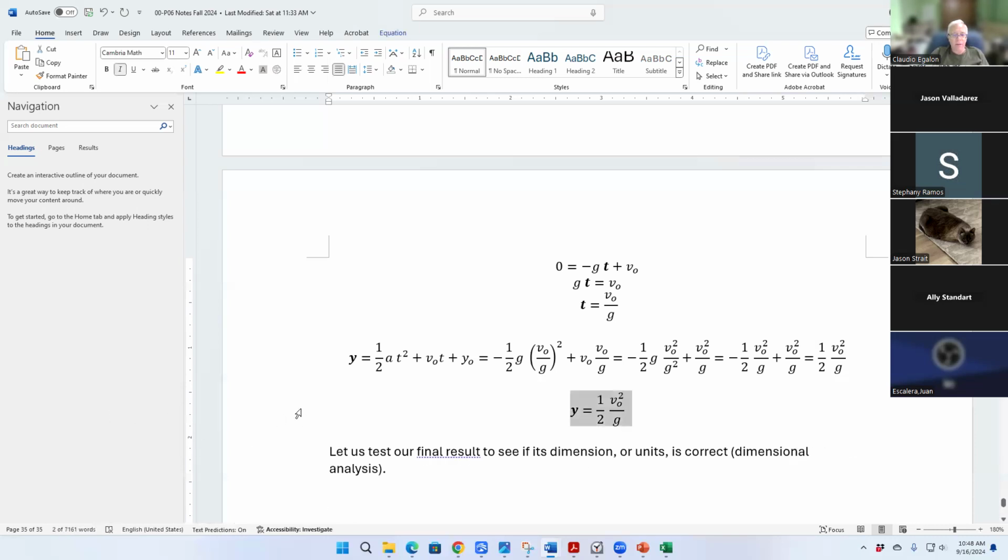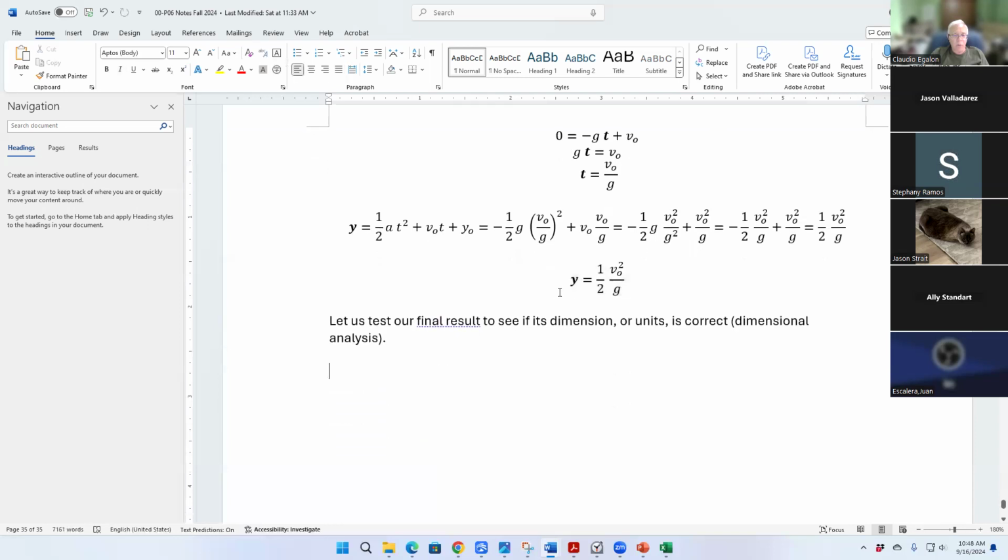Let us see if the unit of V naught square over G corresponds to the unit of Y. We can go a little bit longer, right? So here you go. The unit of Y is equal to the unit of half V naught square over G. Okay, that's what square brackets mean, right?